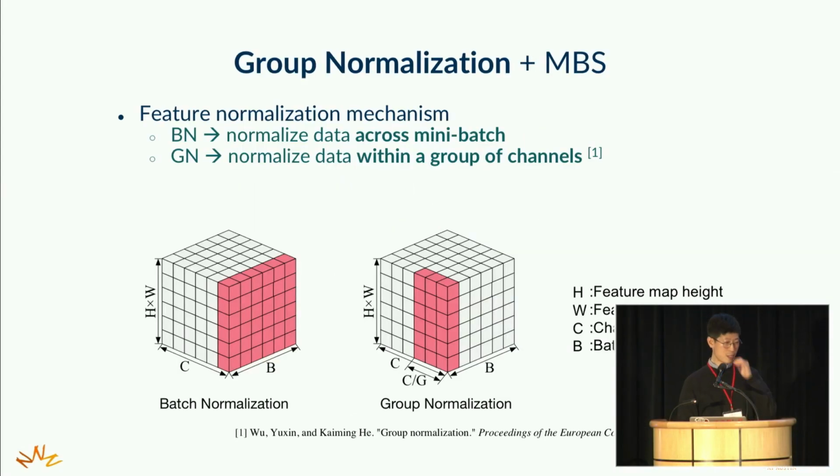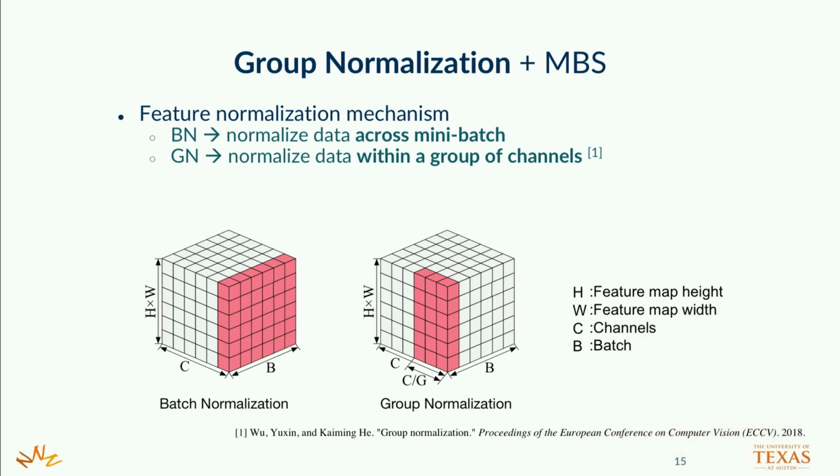So first, instead of using batch normalization, we use group normalization along with MBS. Unlike batch normalization, which normalizes the feature data across the batch dimension, group normalization normalizes the data within a group of channels. It is conventionally used for object detection networks, which have huge feature map sizes, but we adopt it in the context of MBS here.